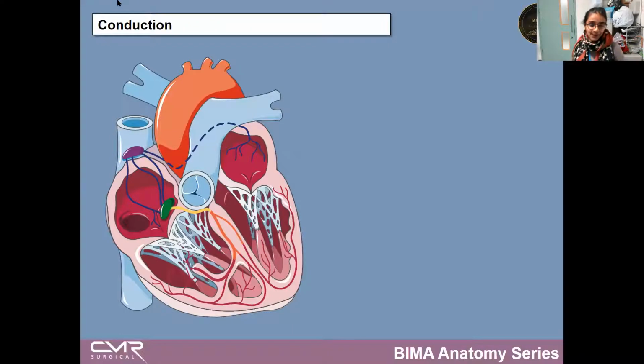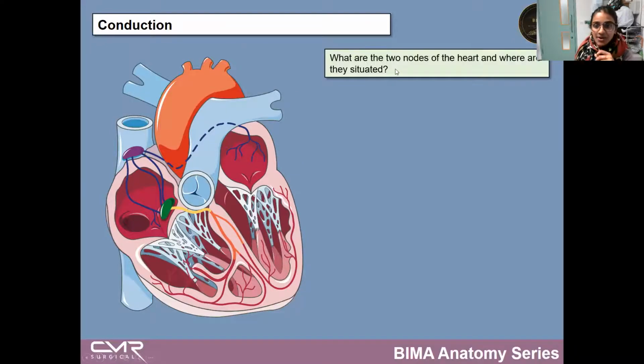All right, now comes the tricky bit. Conduction pathways of the heart. So I thought we'd go through the conduction pathway and then onto ECGs. So what are the two nodes of the heart and where are they situated? I think we already kind of briefly answered this.